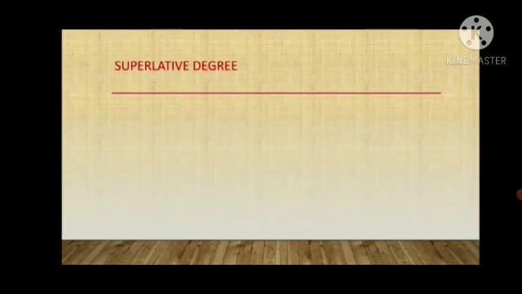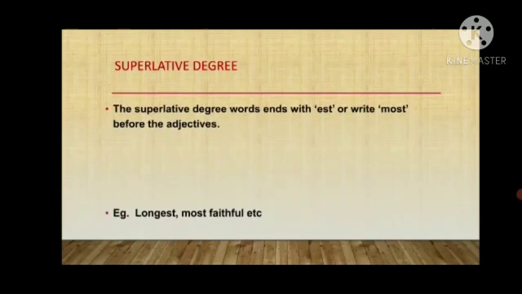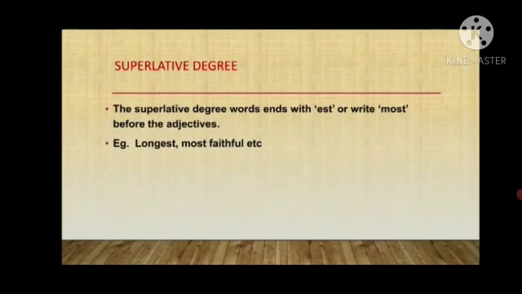Now we will see the superlative degree concept with the examples. Superlative degree words end with est, or we write most before the adjective. For example, longest, most faithful. It is the highest degree of quality.